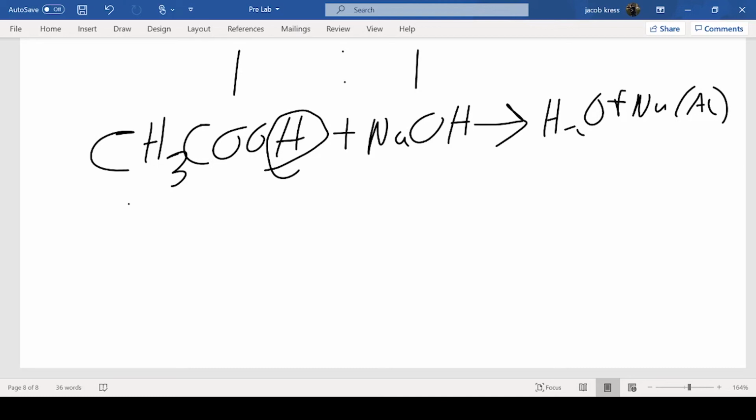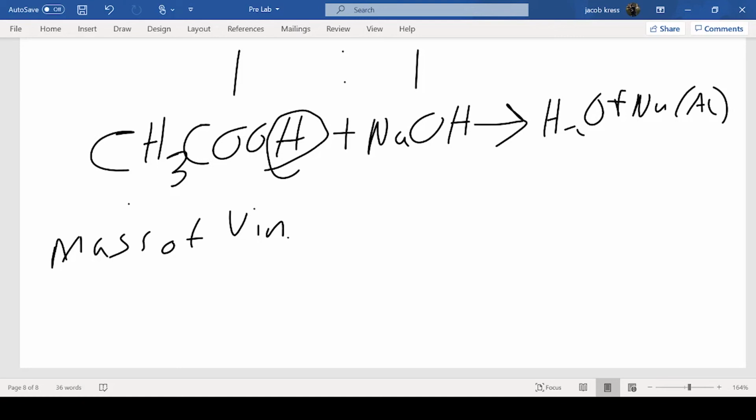So this has a couple extra steps. This is going to be similar to what I went over to start the pre-lab lecture, with a couple extra steps in it. So we're going to have a mass of our unknown, of our vinegar. So we're going to record the mass.